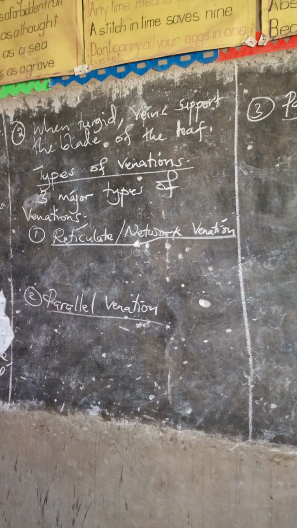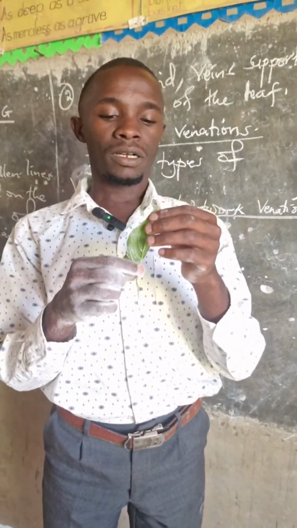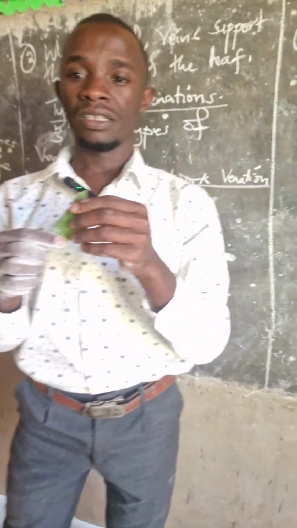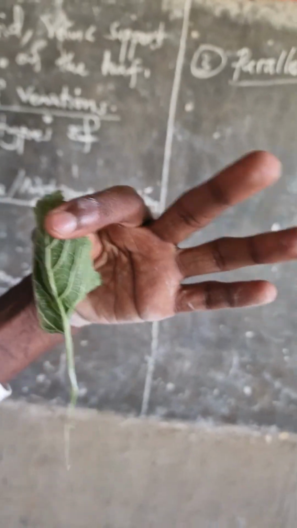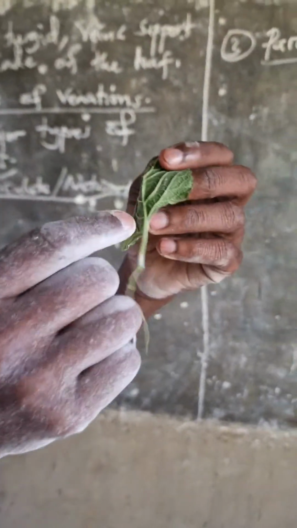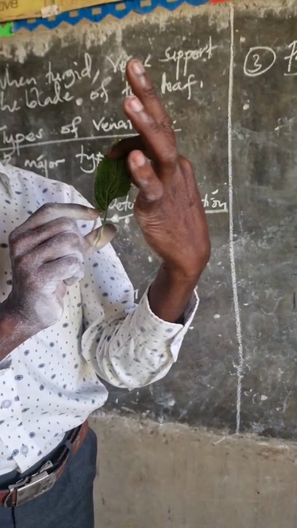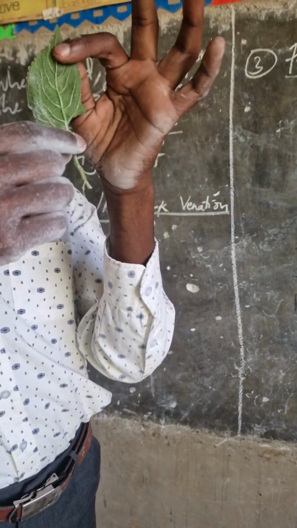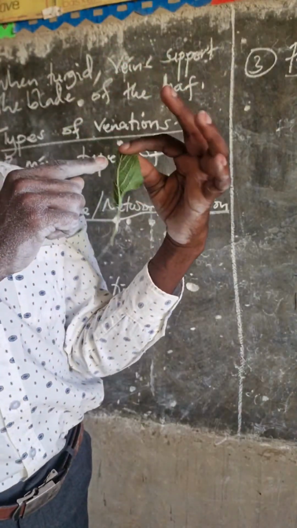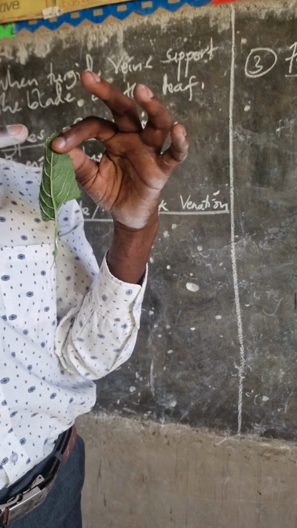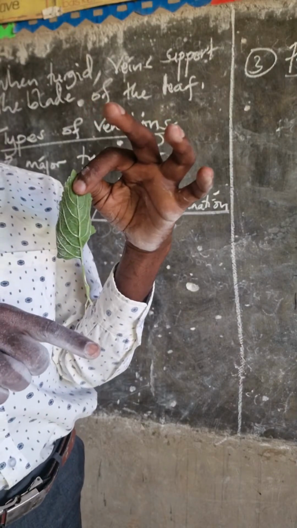This kind of venation is where the veins are highly branched from the main vein and from the bottom of the leaf, but highly interlocking with one another, forming a mesh-like structure or a net-like structure or a reticulum on the blade of the leaf.